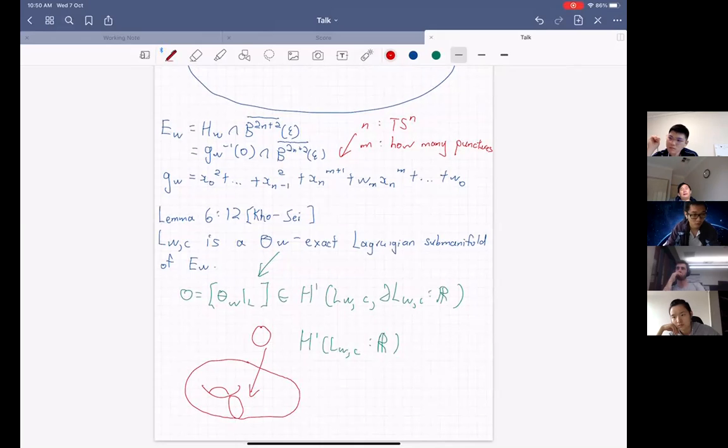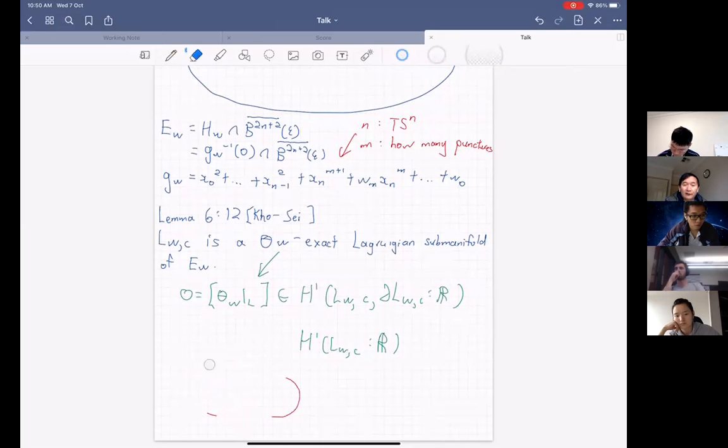Certainly there's no boundary for a Lagrangian sphere. Maybe he said this is not for spheres, maybe it's general. Okay, this is LWC, so there's no boundary. It means it's a sphere. Probably we can just ignore that.